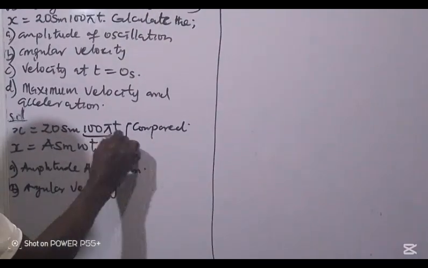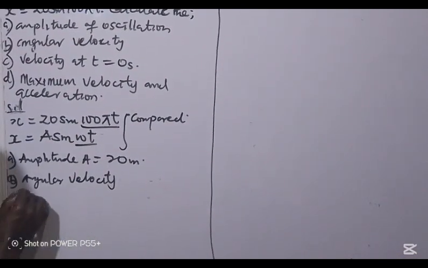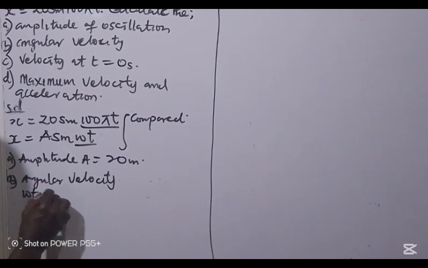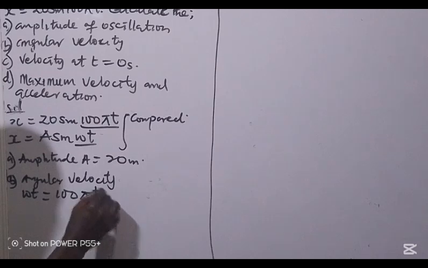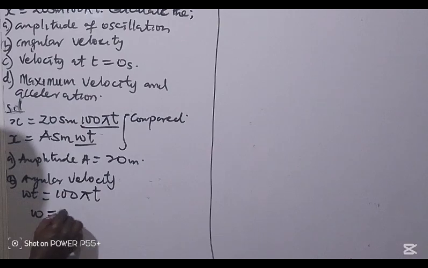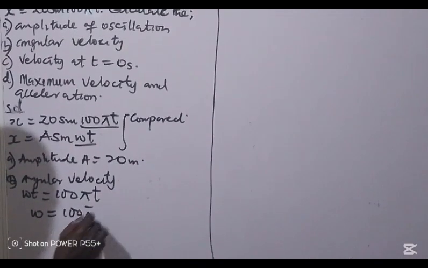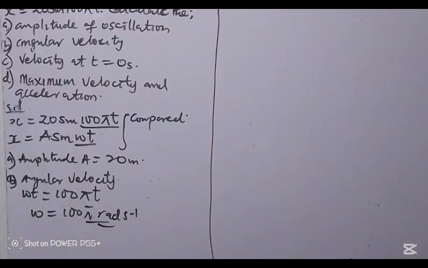So our omega t will be equal to 100 pi t. So here, t will cancel t, so we have omega will be equal to 100 pi rad per second. That's the value of angular velocity.